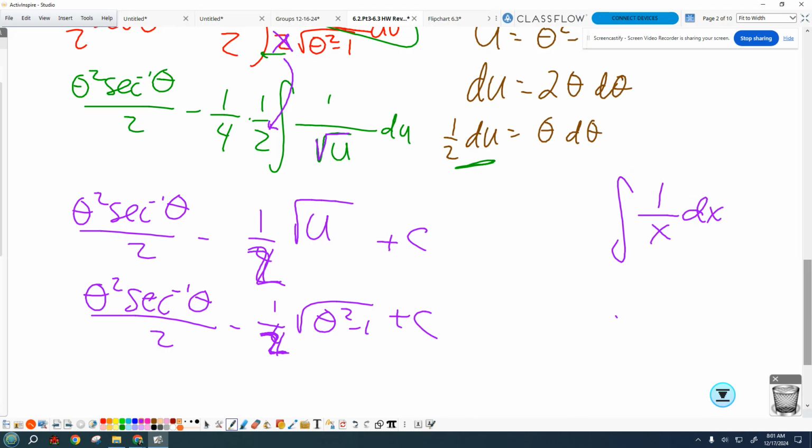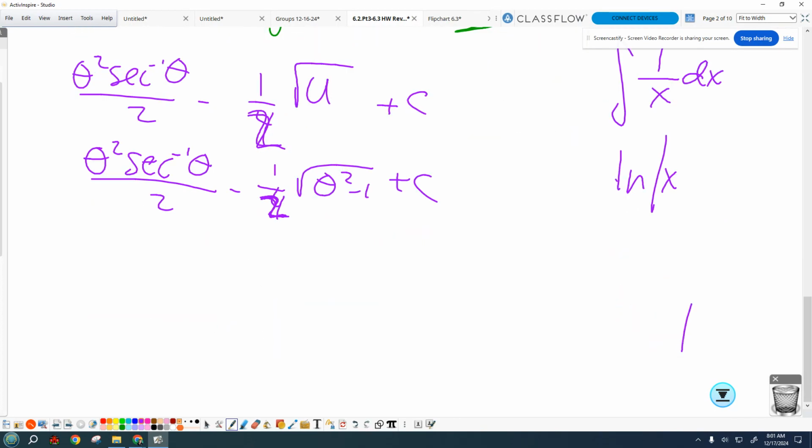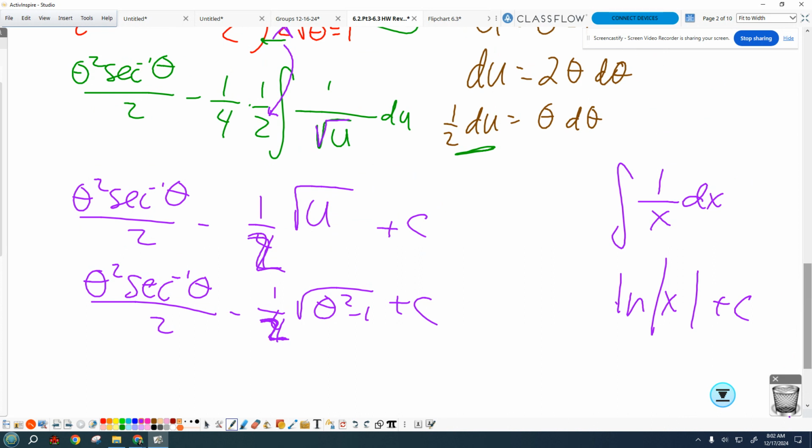What's the integral of this? And AP is all knickers in a twist about wanting that absolute value in there. That does not mean that anytime you see LN you put in absolute values, it's when you are integrating that you put those in.